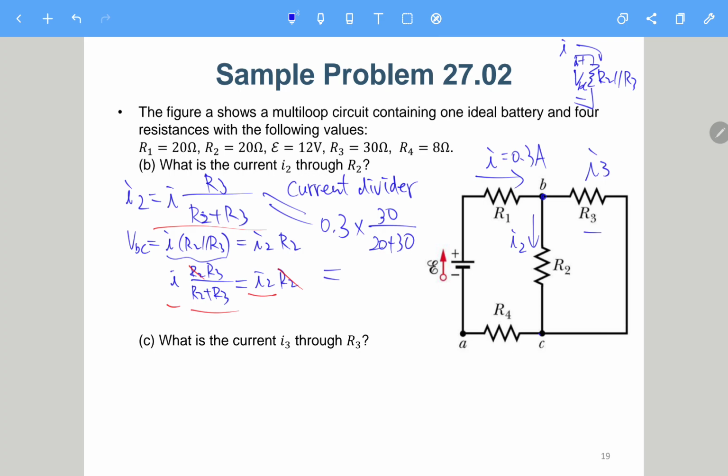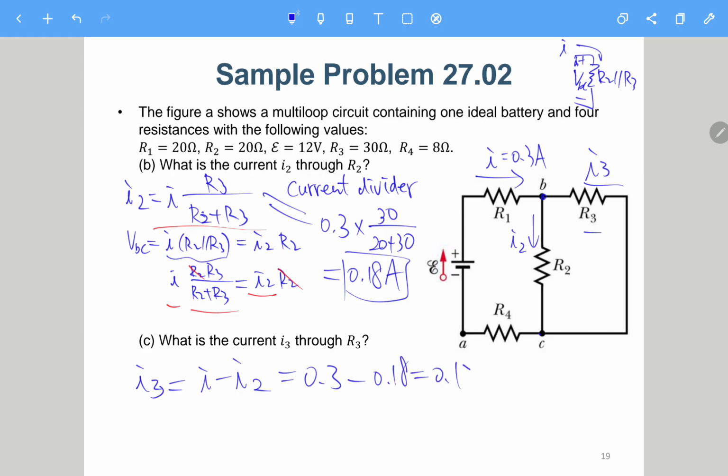So this is 0.18. And then it also asks you what is I3. I3 is nothing but I minus I2, which is 0.3 minus 0.18, which is 0.12.